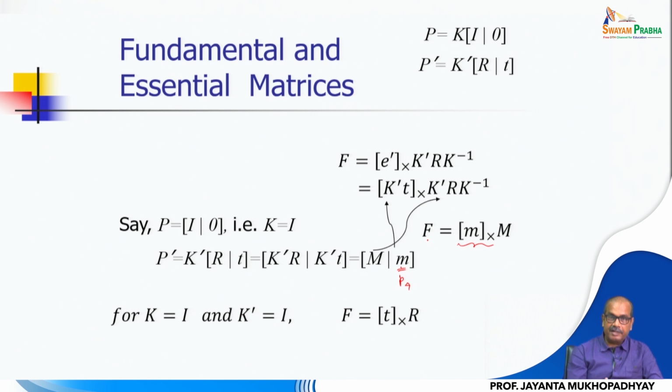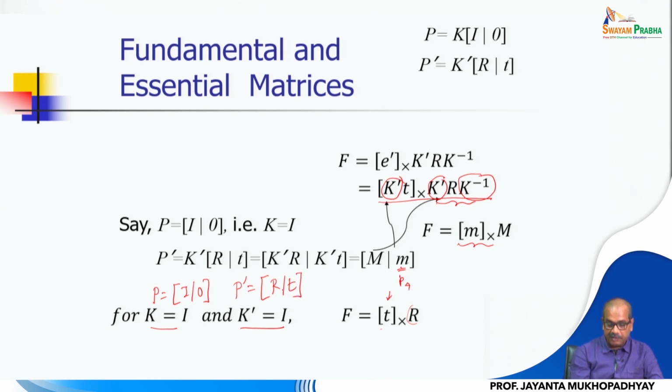And then for K equal to I and K prime equal to I, this term reduces to, as you can see, since K prime is I, K prime t equals t. And here also, since K prime and K inverse are both identity, we can make K prime R K inverse equal to R. So you get this kind of T cross R structure. In fact, if I write the canonical representation of the camera matrices in the stereo geometry, in general I can write it in this form for a calibrated camera.